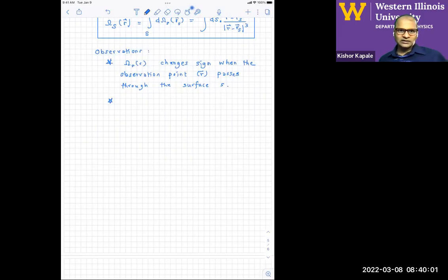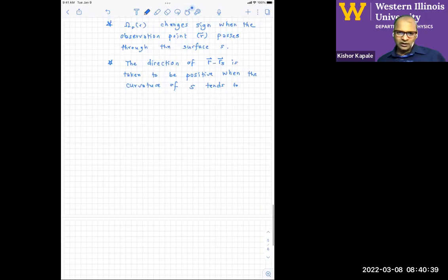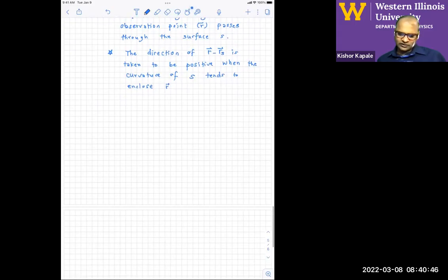The sign is fixed so that the direction of R minus RS is taken to be positive when the curvature of S tends to enclose the point R, the observation point.